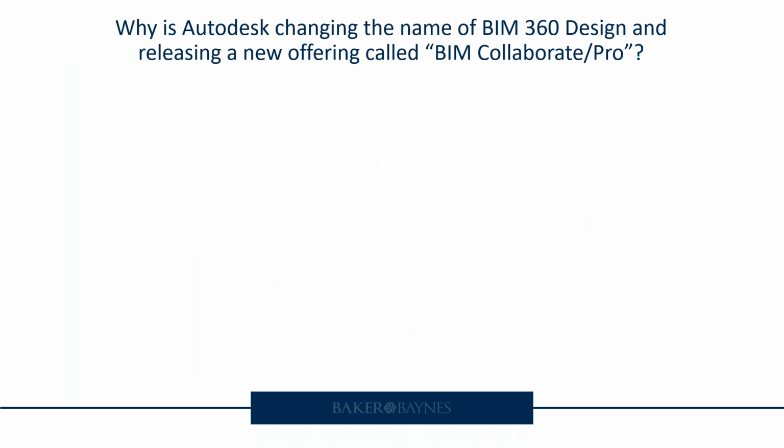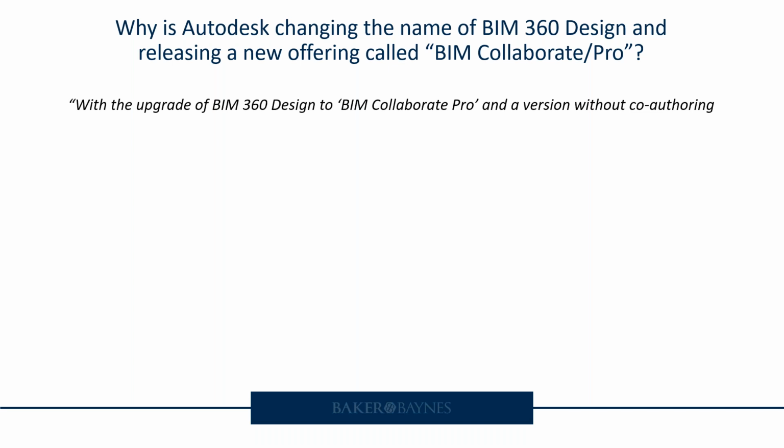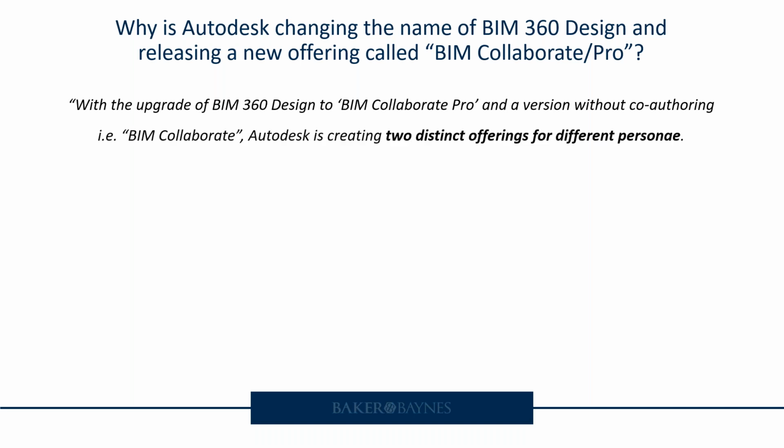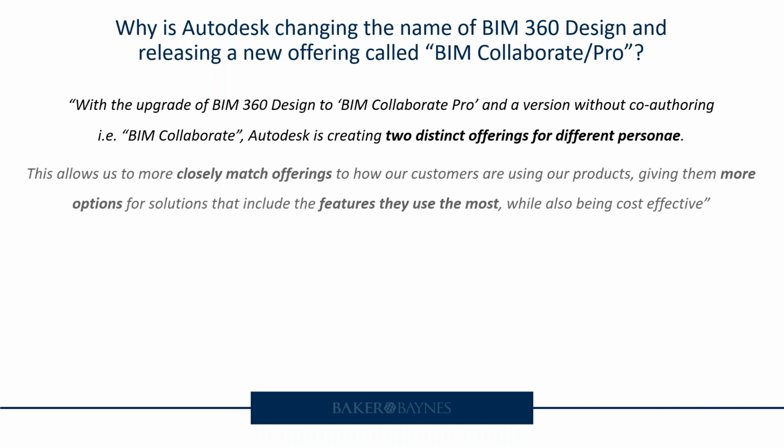So why is Autodesk changing the name of Design and releasing this new offer called BIM Collaborate to BIM Collaborate Pro? With the upgrade of BIM 360 Design to BIM Collaborate Pro, there's a new version without the co-authoring, i.e. without the BIM Collaborate part. And what Autodesk is basically doing is creating two distinct offerings for different types of people.